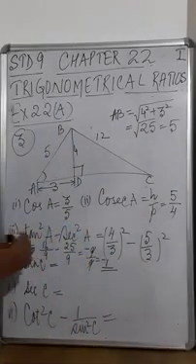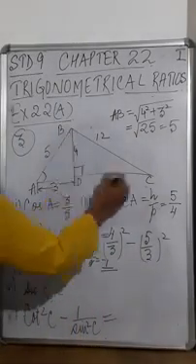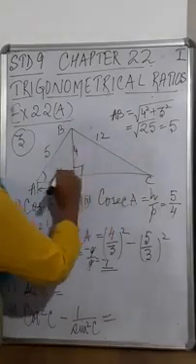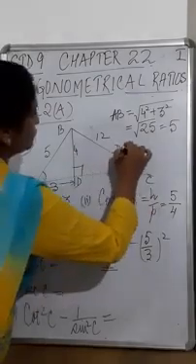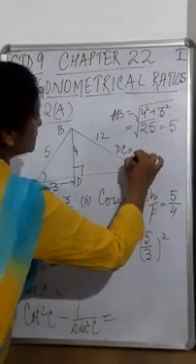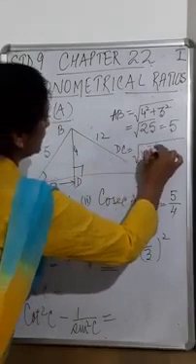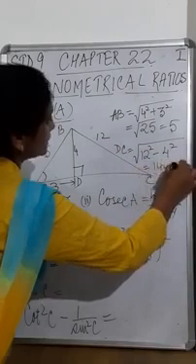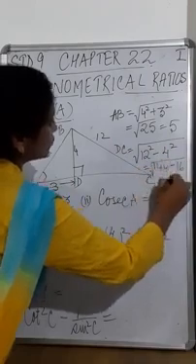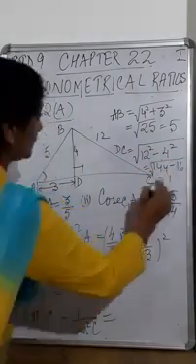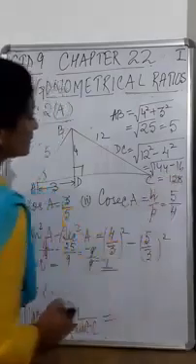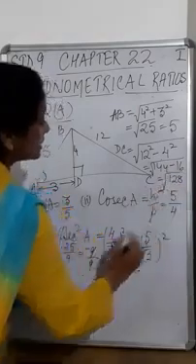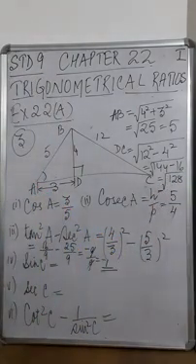Now we come to the second triangle here, this BDC, in which again using Pythagoras theorem, DC will be equal to square root of 12 square minus 4 square, which is 144 minus 16, which is equal to 128, right? This is equal to root of 128.